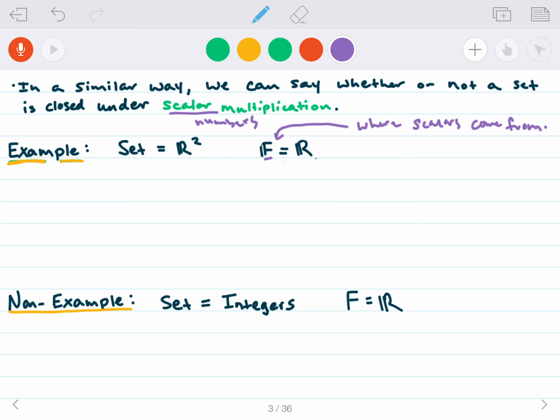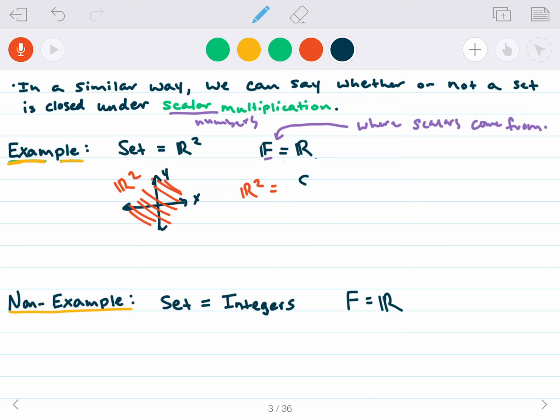So, for example, the set R2, we can think of it in two ways. We all know what R2 is. It's simply the two-dimensional plane. So here's our y-axis, here's our x-axis, and R2 is everybody. We can also think of R2 in set notation.